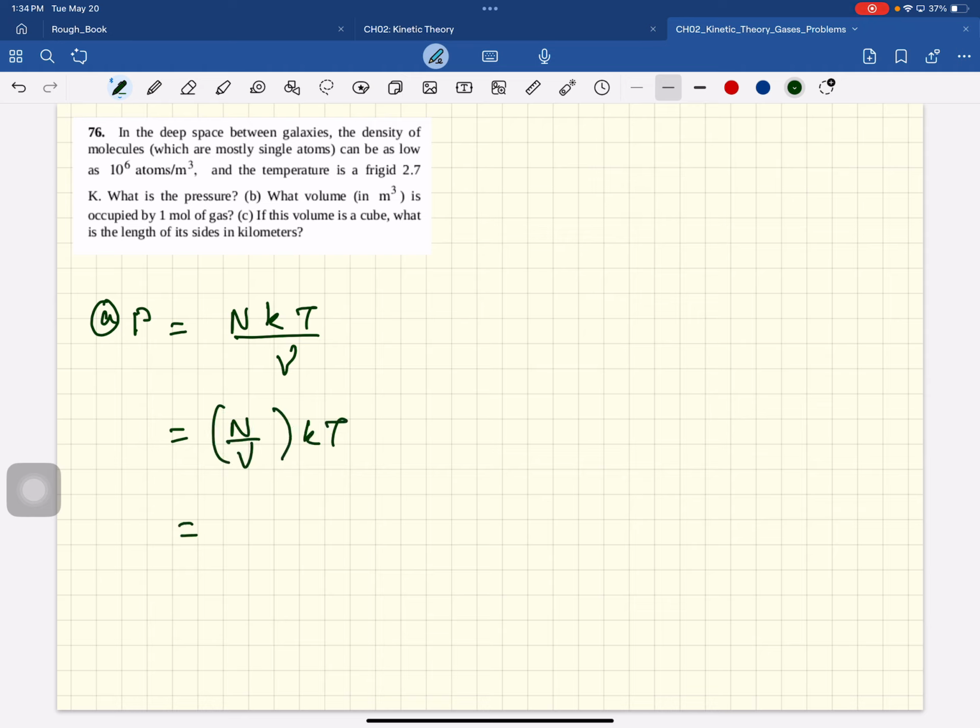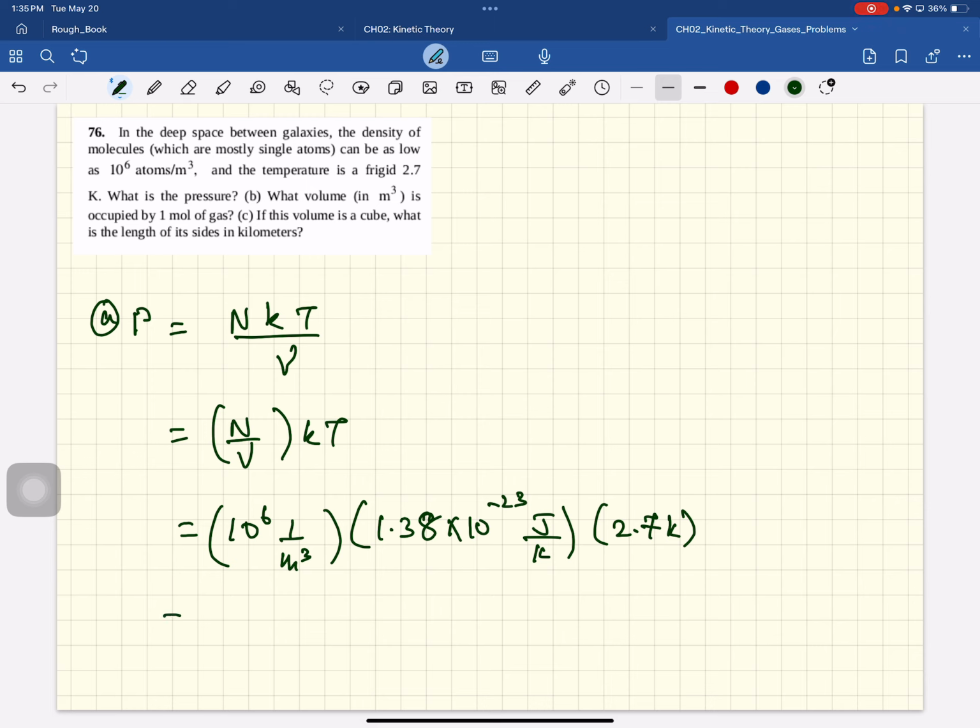They give us N over V as 10 to the 6 per meter cube. k is 1.38 times 10 to the minus 23 joules per Kelvin, and the temperature is 2.7 Kelvin. And the pressure works out to about 10 to the minus 17 pascals.